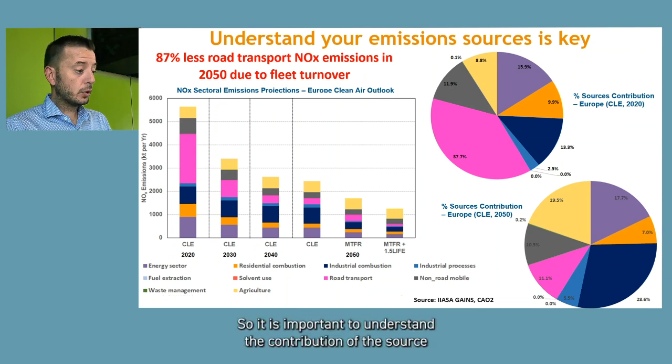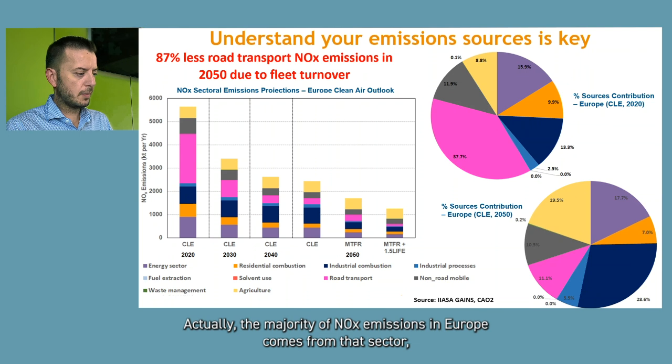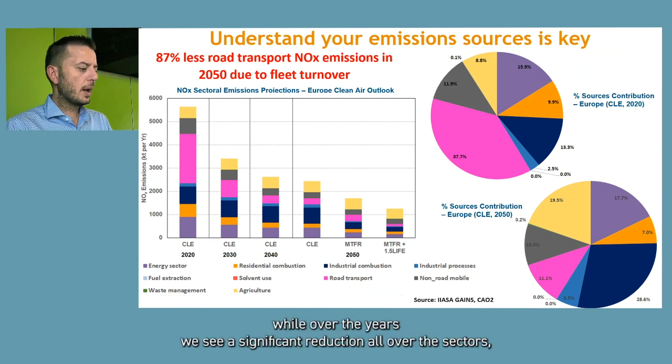It's important to understand the contribution of the sources, because this is not constant over the years. In 2020, the graph shows that road transport is a significant contributor. Actually, the majority of NOx emissions in Europe come from that sector, while over the years we see a significant reduction across all sectors.